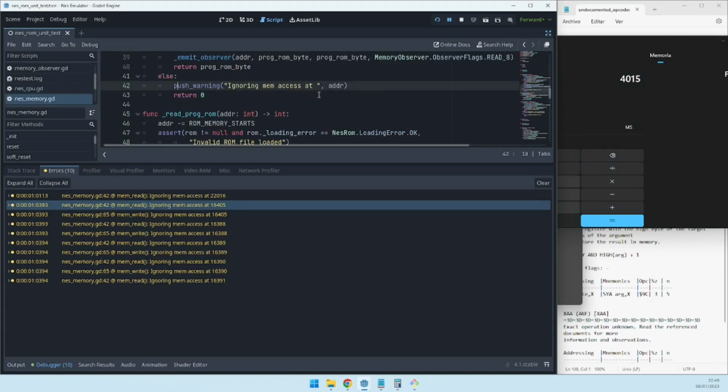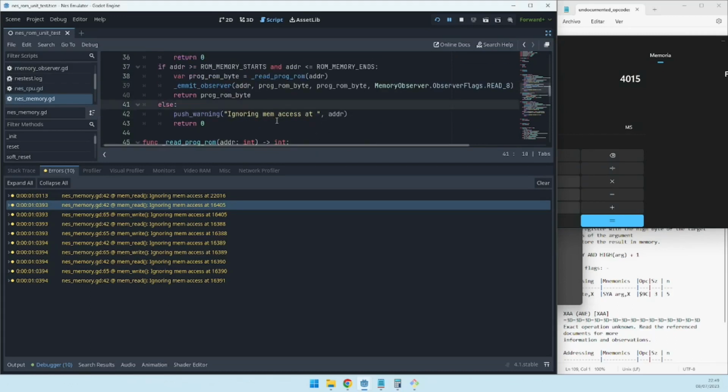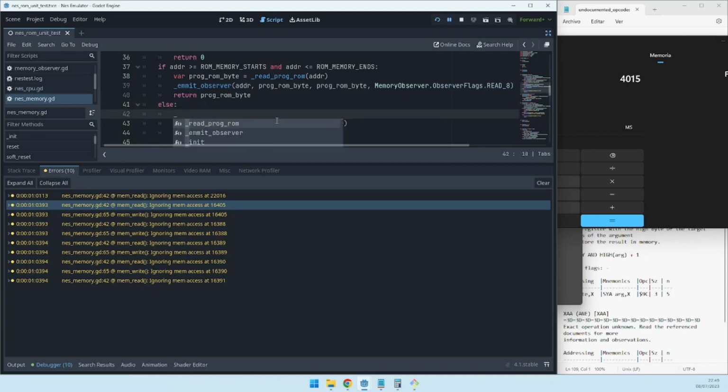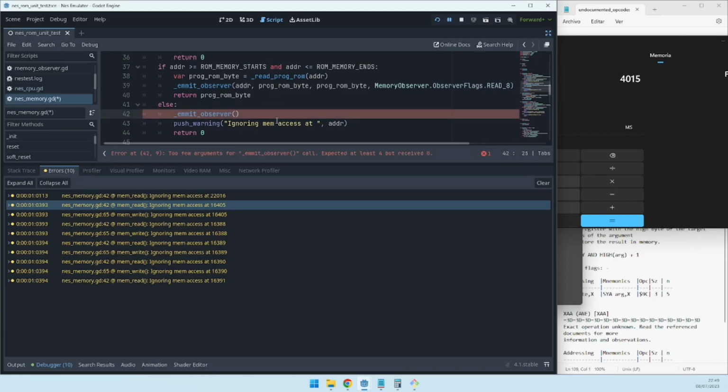So this is why we are not getting the emission of the observer. So let's emit the observer. Address.